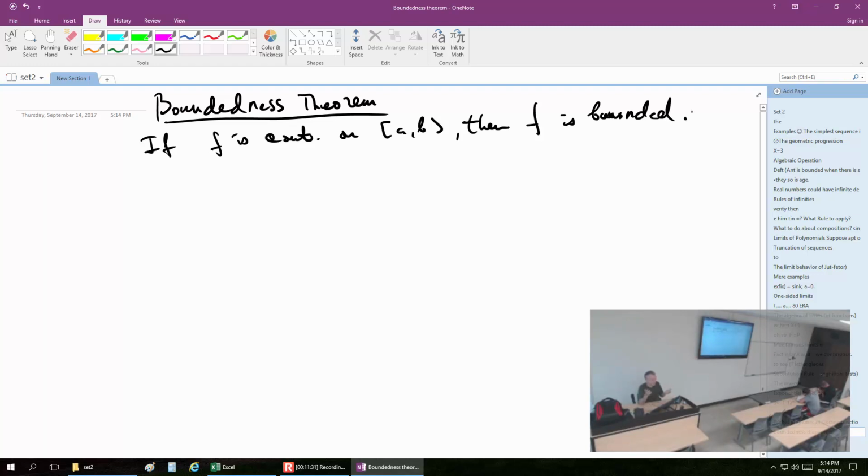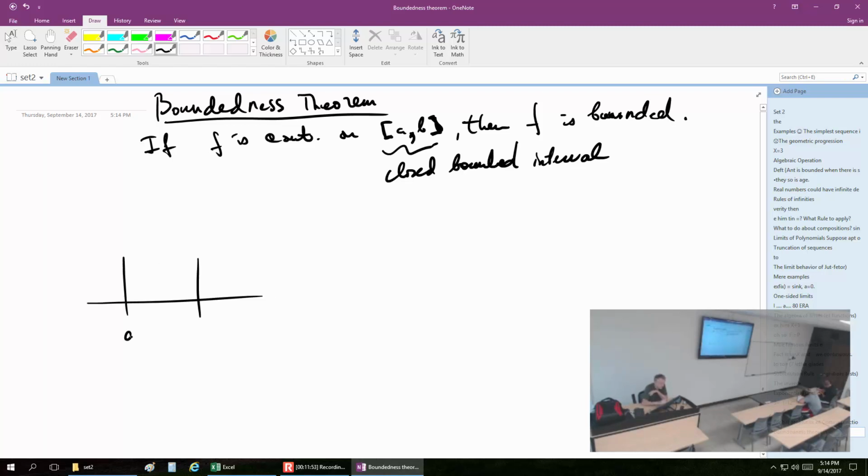Bounded function means, well, first of all, this is what we call a closed bounded interval. So a, b, and both of the endpoints are included. That's what the brackets are about. But that's on the x-axis, right? The domain is that we keep it between a and b.